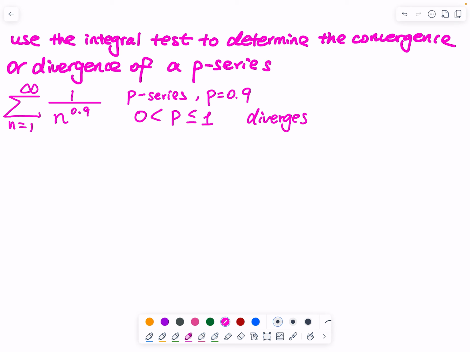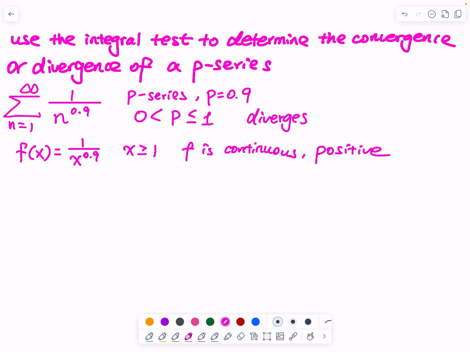Can we use the integral test to confirm the same thing? In order to use an integral test, we identify the function f of x equals 1 over x to the 0.9. Then you have to show that for x greater than or equal to 1, because n goes from 1 to infinity, the function is continuous and positive.